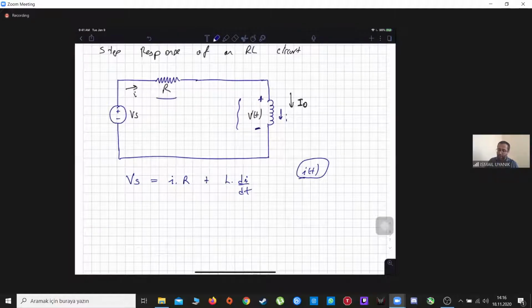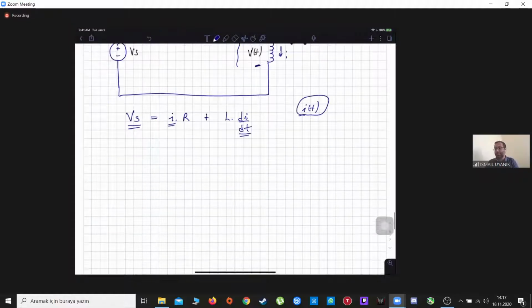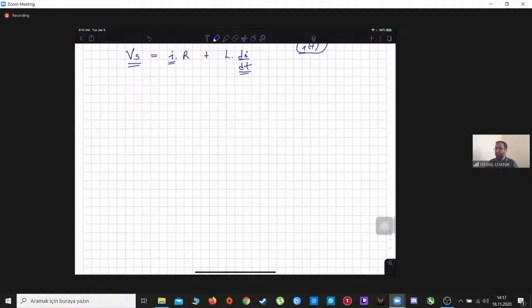We have I itself, and then we also have the derivative of I. But the difference from the natural response case is that now we have a forced response, like we have a constant input in the system. If you remember solving these types of equations from your math classes, this is the forced case of a first order differential equation. Let's solve for this forced case. It's not really that difficult, it just requires more steps.